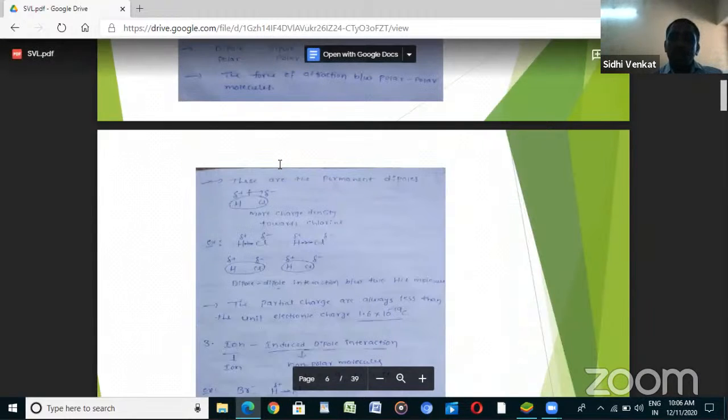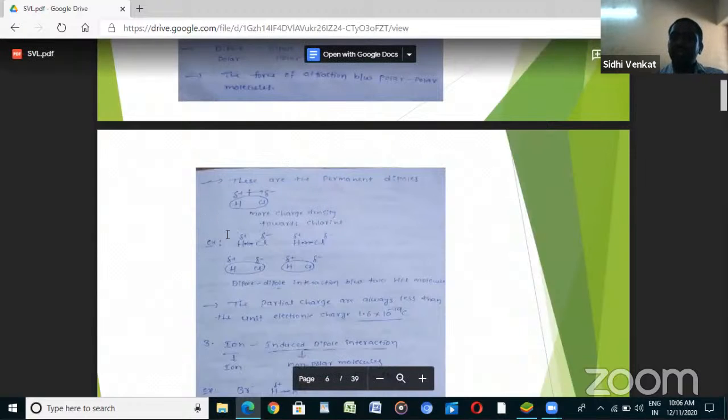These dipole forces are between permanent dipoles. That means both are HCl molecules. We are taking one polar molecule HCl and the second one is also HCl. The force of attraction between the two polar molecules is called dipole interaction. Look at this, students. HCl has delta H plus and delta Cl minus.